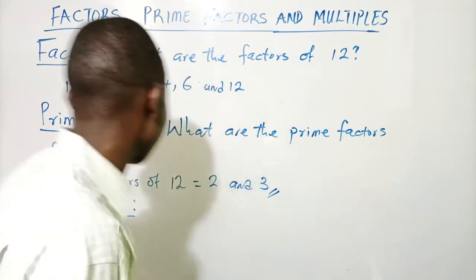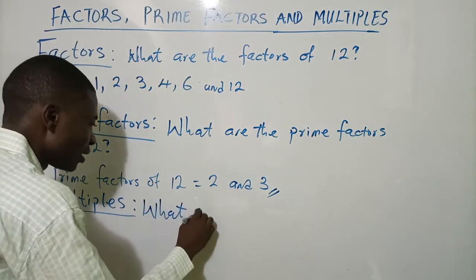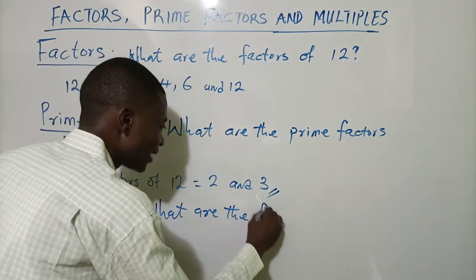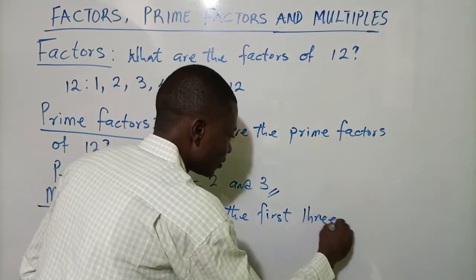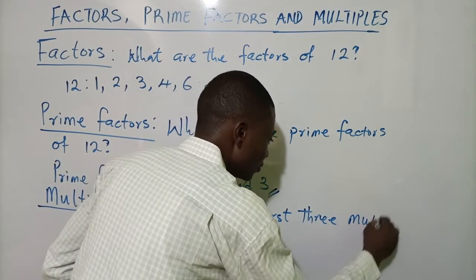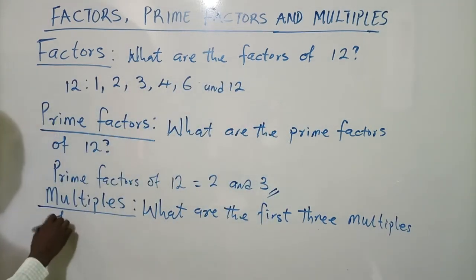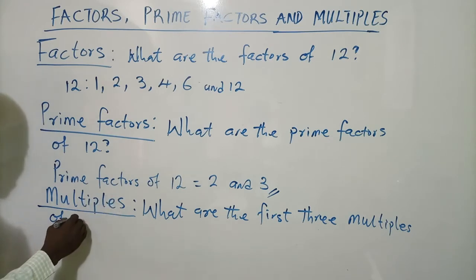So another shortcut you can get there, for instance, I say, what are the first, let me say, 3 multiples of, let's say, 5.